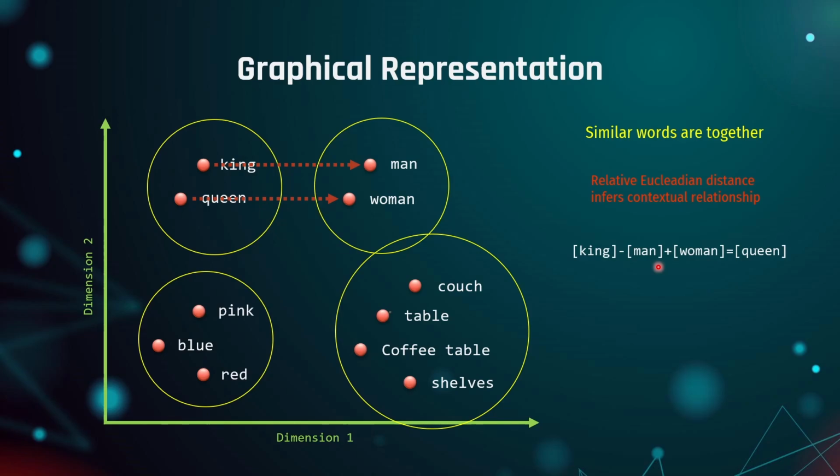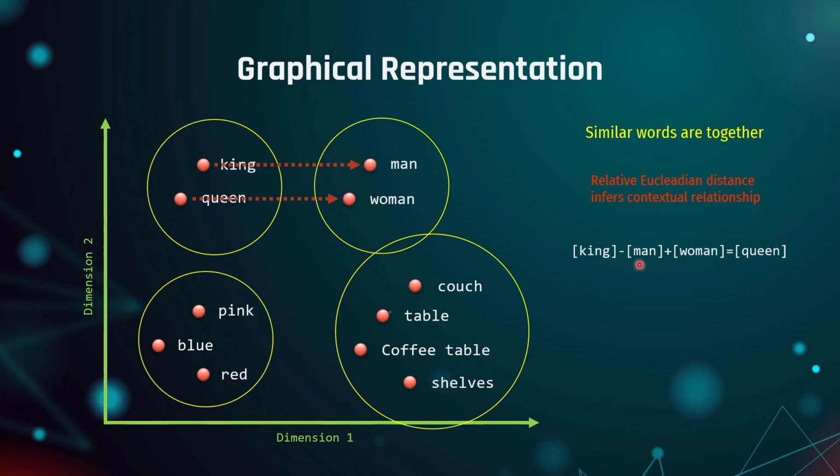So what we get is royalty, right? What we're left with is royalty. And if we add that royalty to a woman, what do we get? We get queen, right? Okay, so this is exactly what this particular graph or relationship actually means, okay?